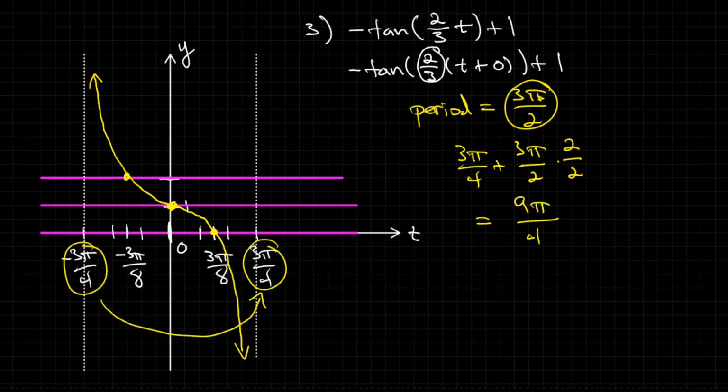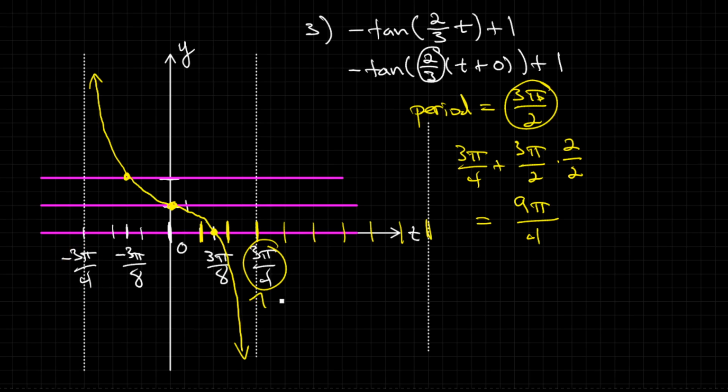And now remember, this is pi over 4, so 2 pi over 4, 3 pi over 4, 4, 5, 6, 7, 8, 9 pi over 4. And so my second asymptote would be at 9 pi over 4 here.